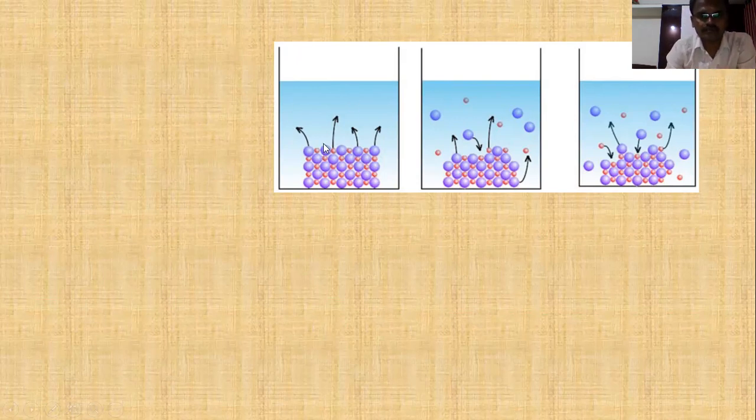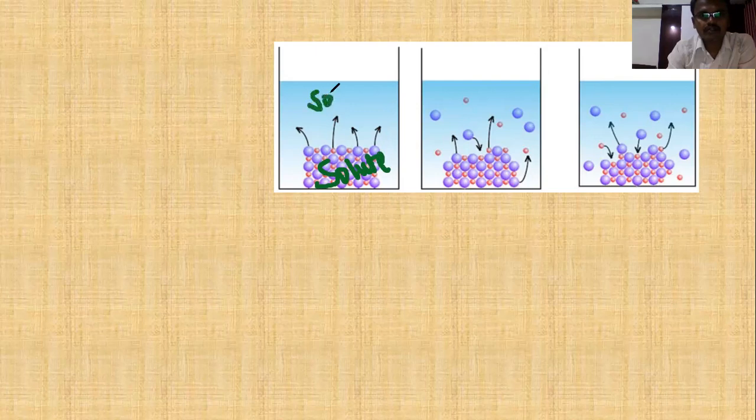Initially, when we put salt into water, or solute into water, let us say this is solute and this is solvent. In all three beakers, this is solvent and that is solute.